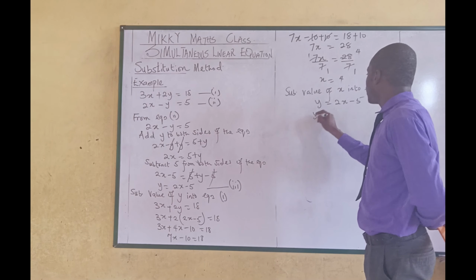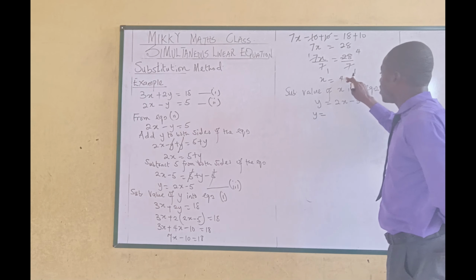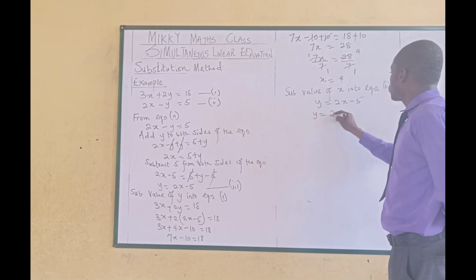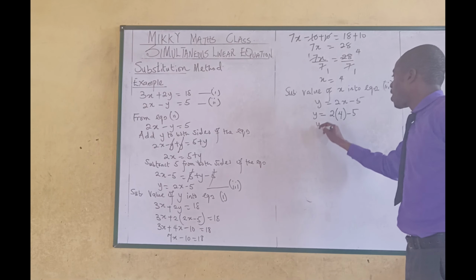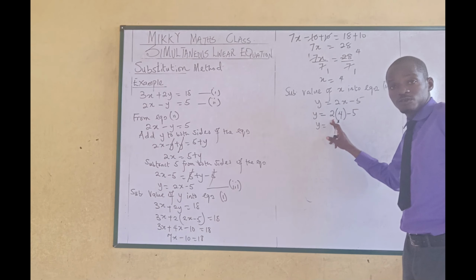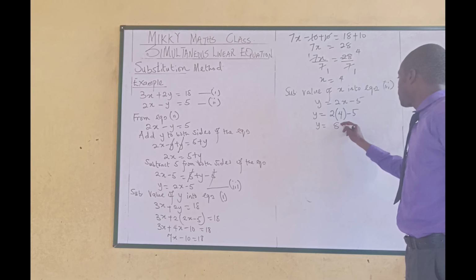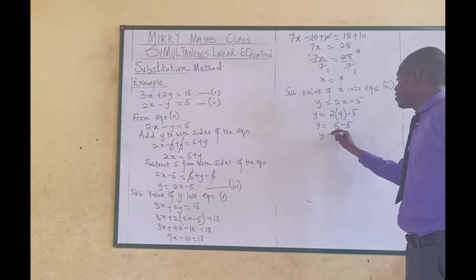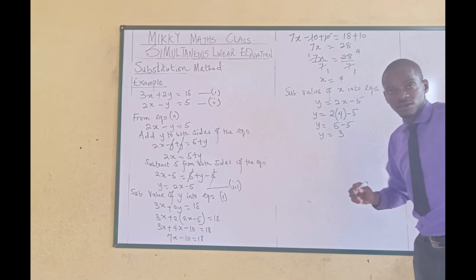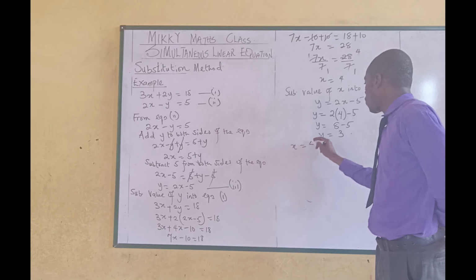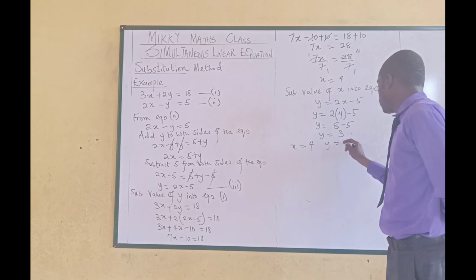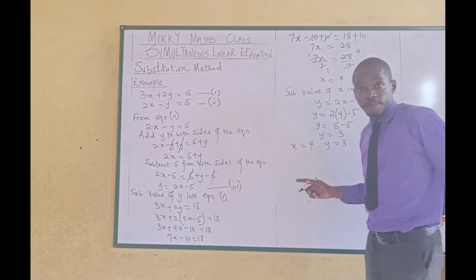Now, our y is equal to 2 into bracket, what's the value of x? 4, minus 5. So my y will be equal to 4 times 2, that's 8, minus 5. 8 minus 5 is 3. Therefore, my x is equal to 4, and my y is equal to 3.